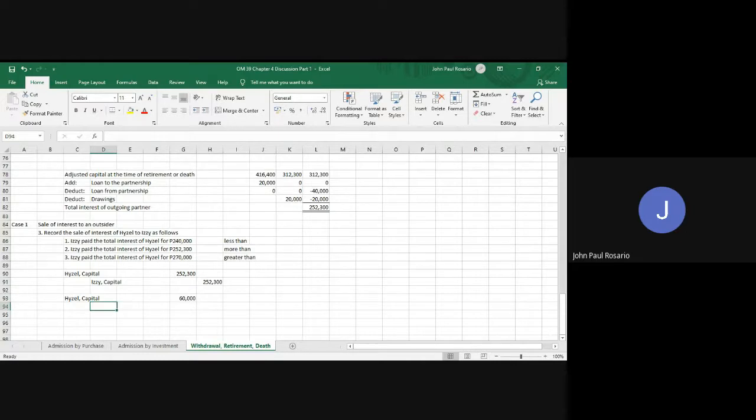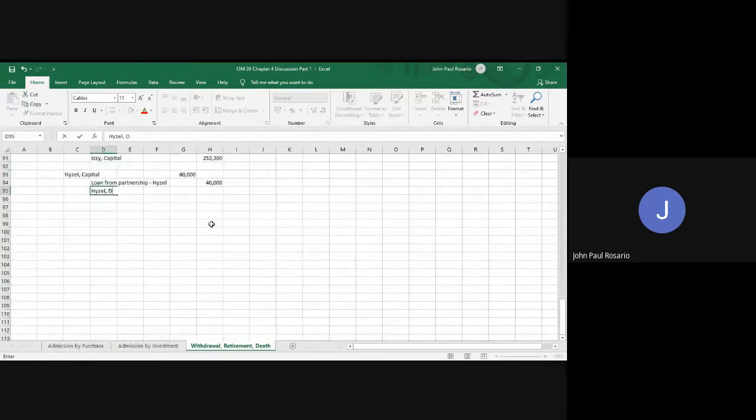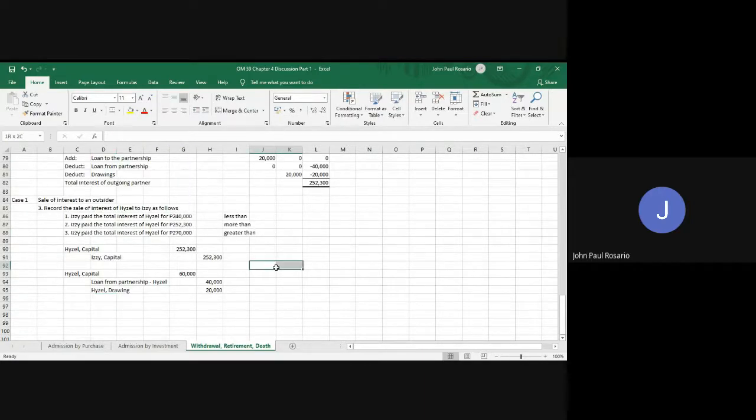And then you close her loan from partnership, cash Hazel, worth 40,000, and Hazel drawings of 20,000. If you make a T-account, you make it for Hazel's capital.